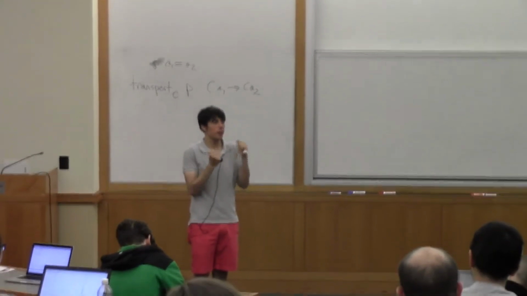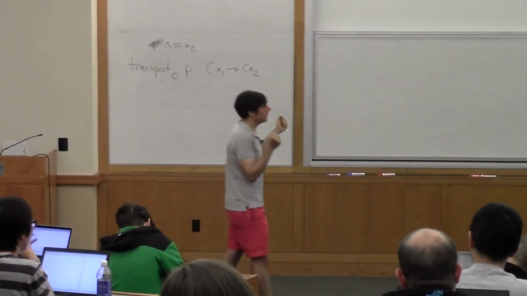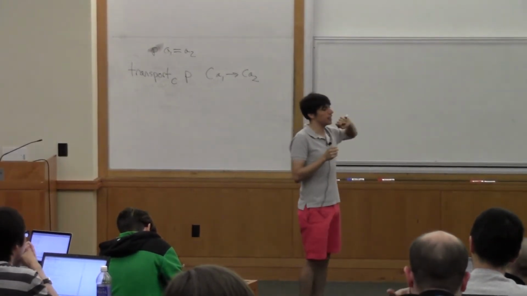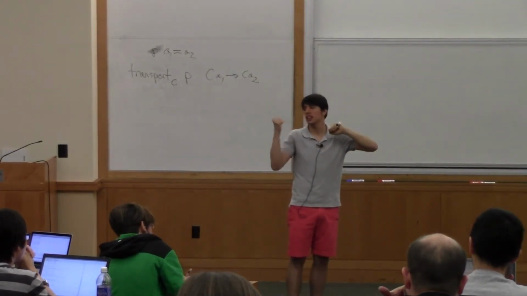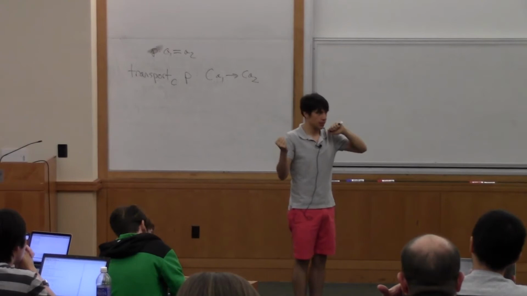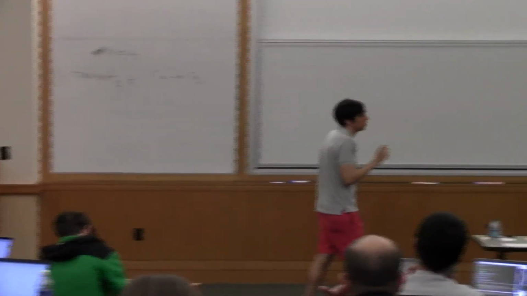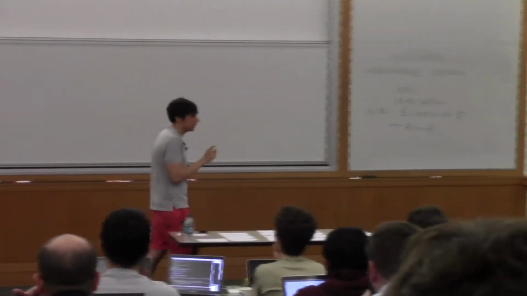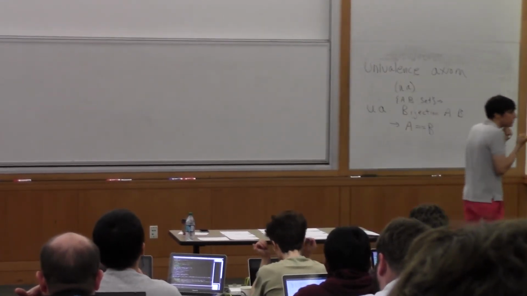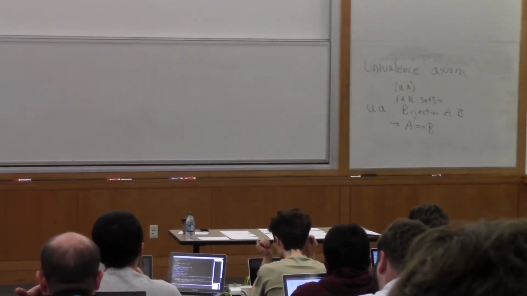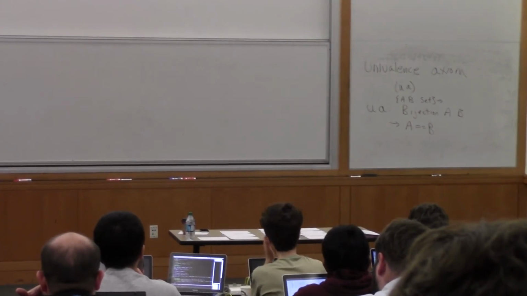Whenever you write down a bijection, just like we were doing in the example before, between A and B, you're actually proving that those two types are equal. And the force of proving that two types are equal, right, why is that different? Why is it different to have an equality than it is to have just a bijection, right? We could just program with bijections in Agda like we have been doing.